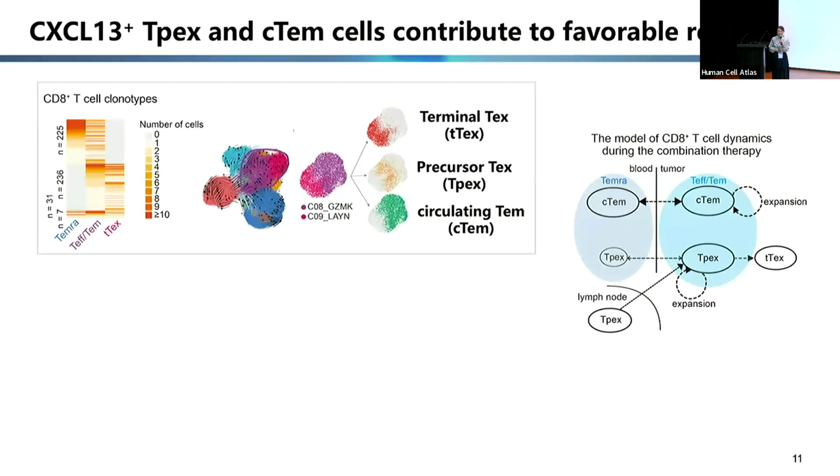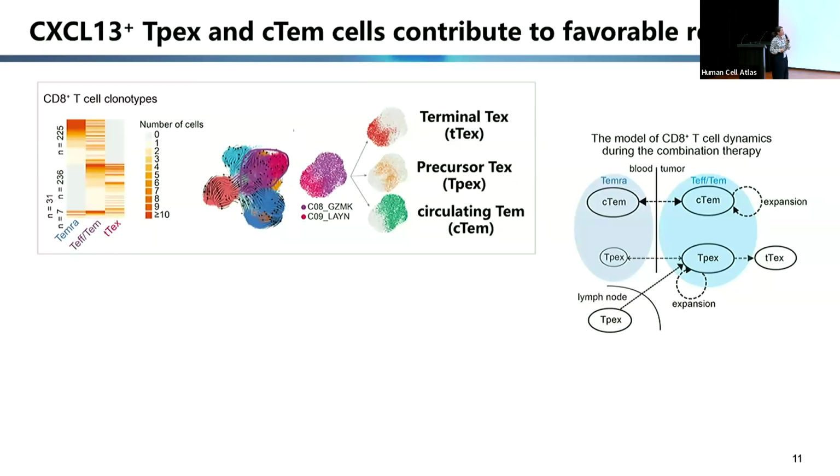Based on the TCR analysis, we observed that granzyme K positive effector T cells, in the heat map in the middle column, showed TCR shared with both terminal exhausted T cells and effector T cells.